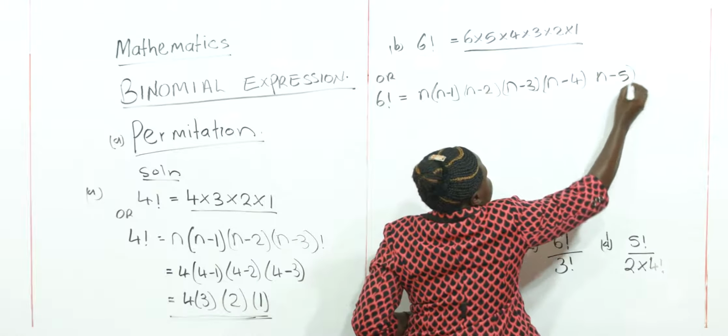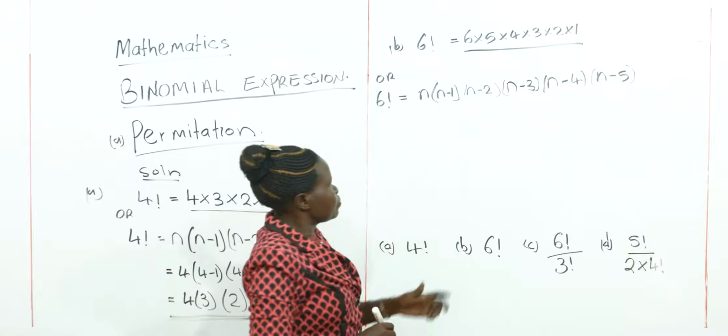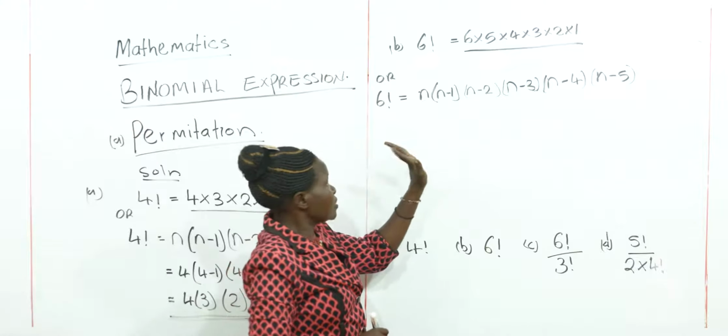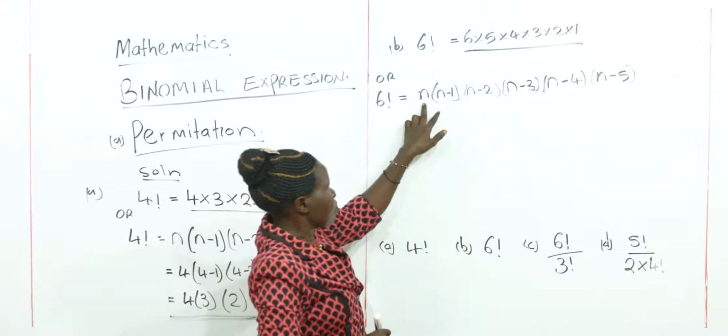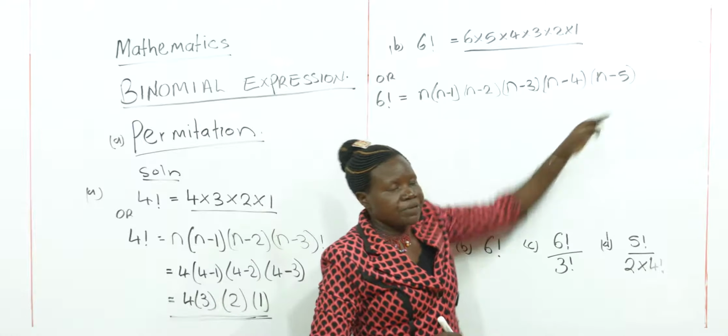You count. Make sure that you count how many steps you are going to. The steps will determine the number of elements that you are going to arrange. We have 1, 2, 3, 4, 5, 6. So you will stop here.